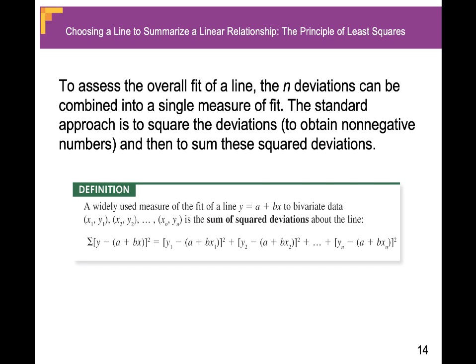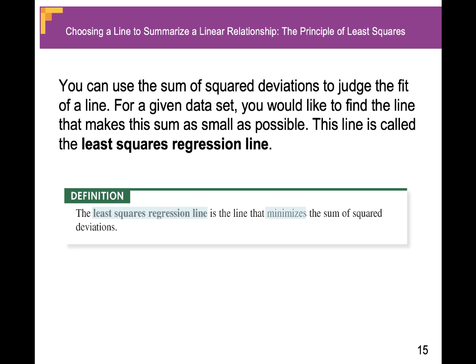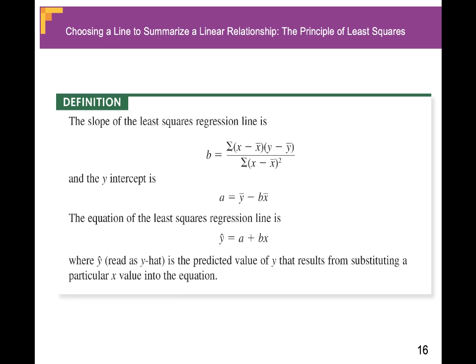This formula should look absolutely horrendous, but this is the way that you calculate the sum of the squared deviations. You take each observation, you subtract the prediction, and you square it. That is very time consuming and quite difficult, but it will find this least squares regression line, which is the line that's going to minimize that sum of squared deviations. The formulas have been derived here.